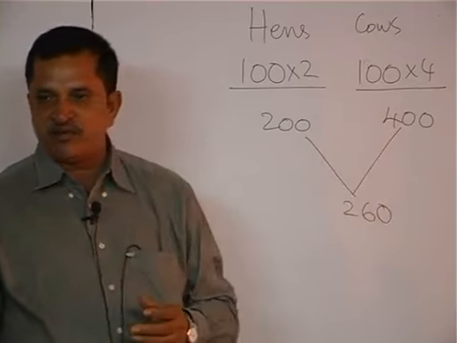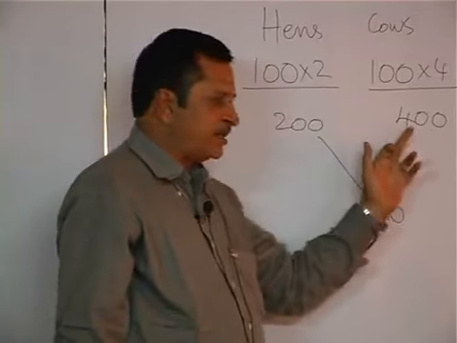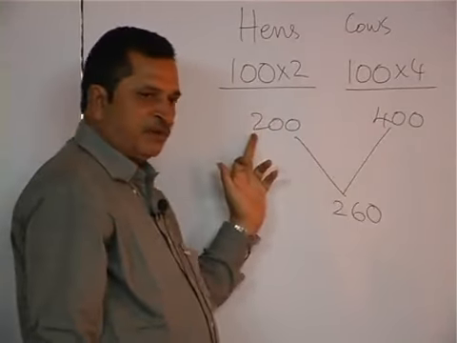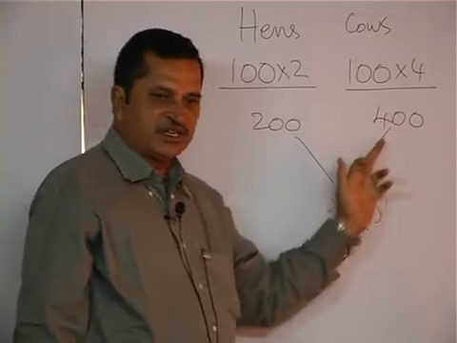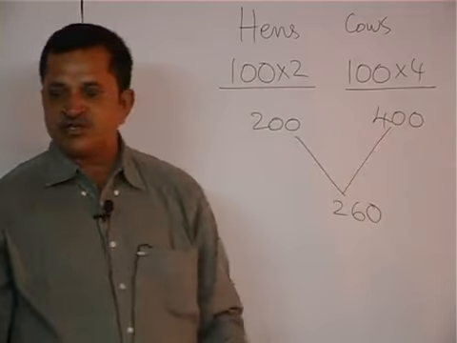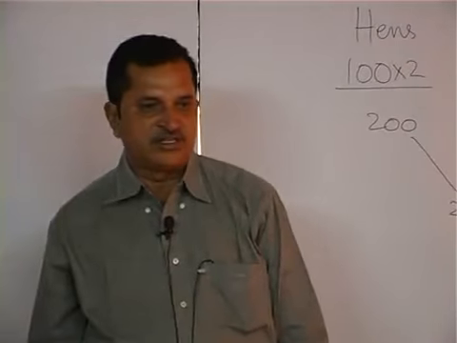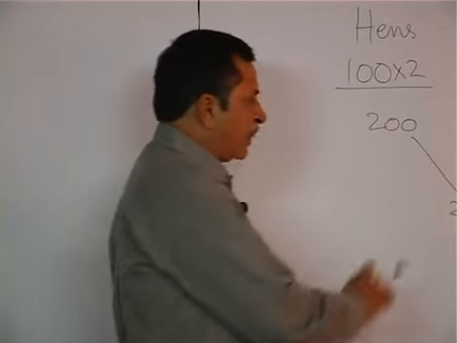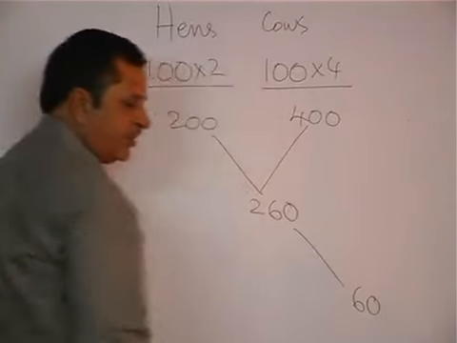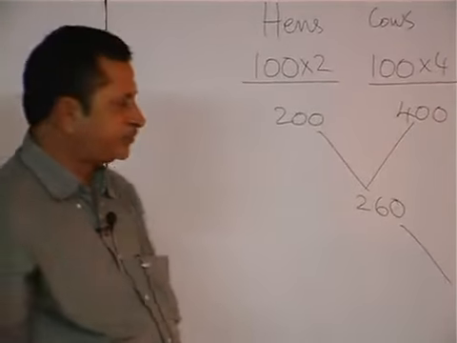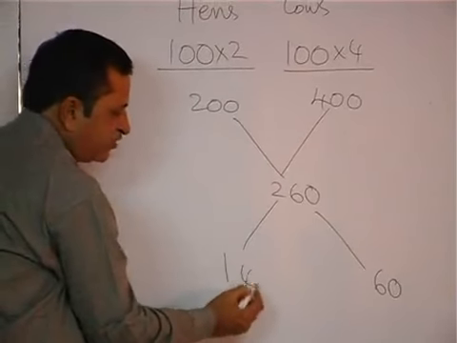In the same way you have to take, whatever may be the problem, percent, cost price, distance, all should be in the same units. So 200 and 260, the difference is 60. 400 and 260, the difference is 140.